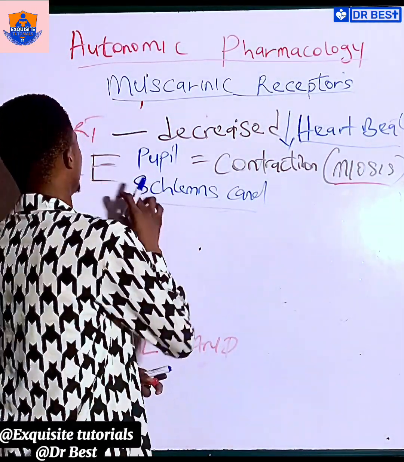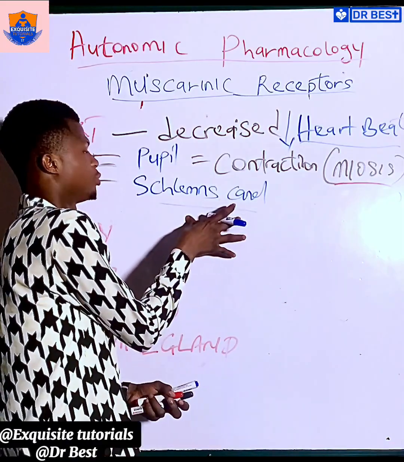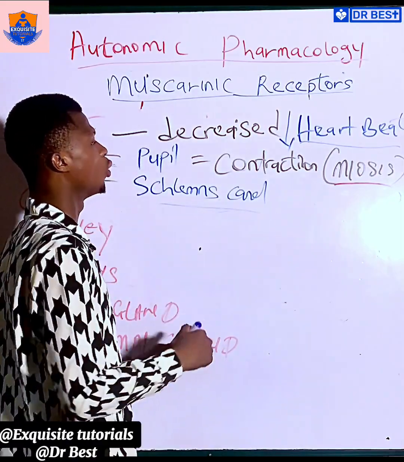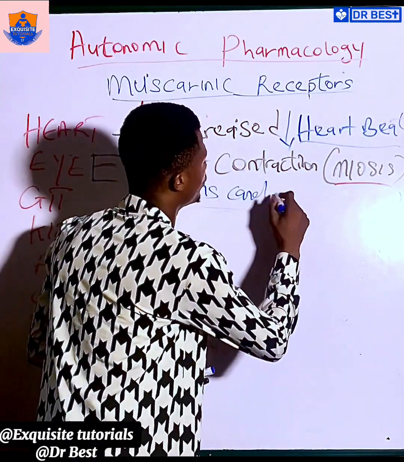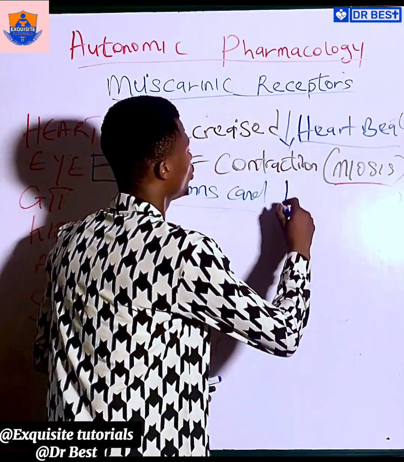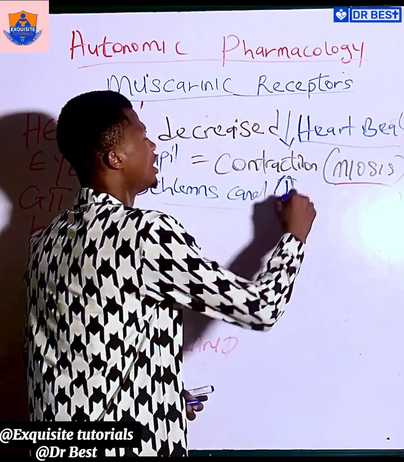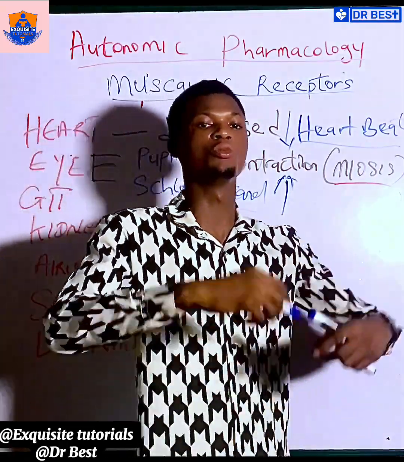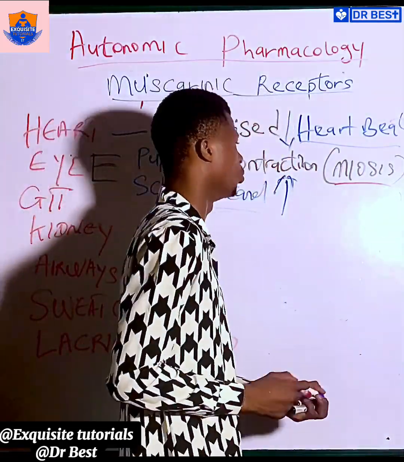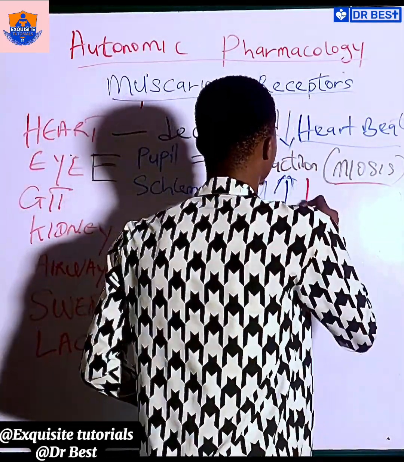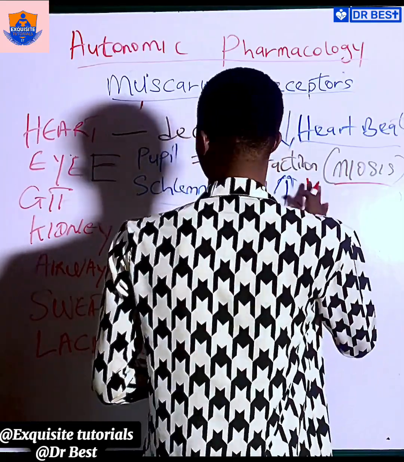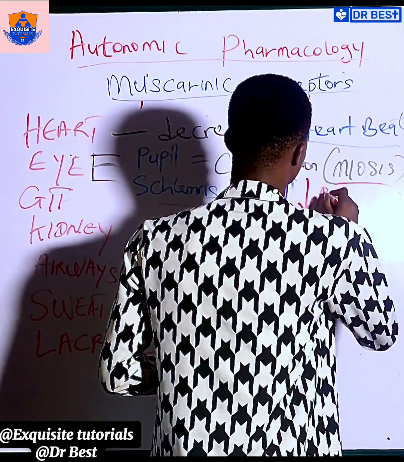When there is stimulation of muscarinic receptors in the eye, it is going to increase the size of Schlemm's canal, which will lead to an increase in the removal of the aqueous humor. So it's going to cause decreased aqueous humor.